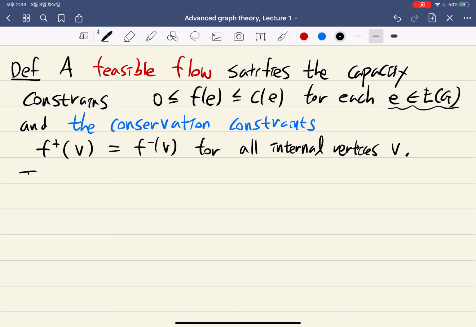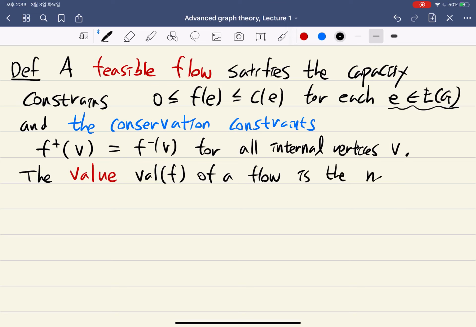And we say the value, and we write it as VAL, the value of a flow f, is the net flow, how much water is produced from the source.